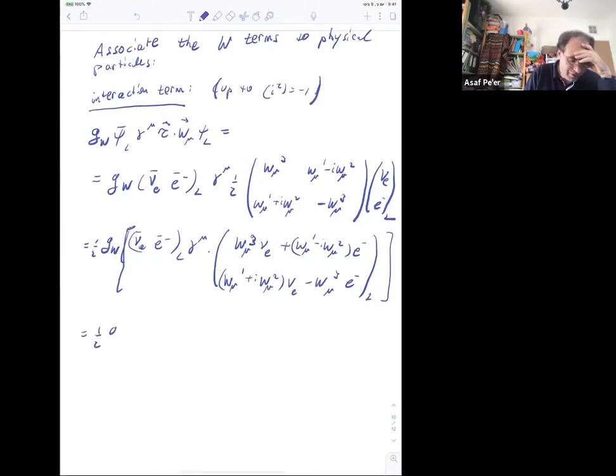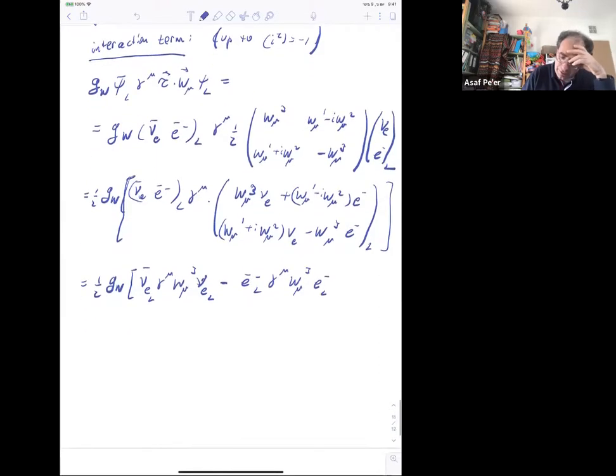We have 1/2 g_weak, and then ν̄ γ^μ W_μ^3 ν_e, all that L, and then minus ē_L γ^μ W_μ^3 e minus.